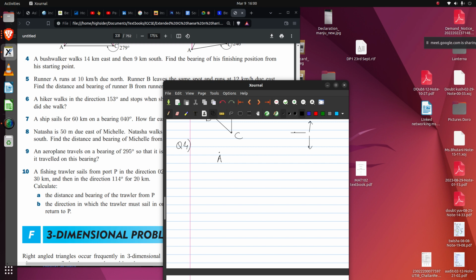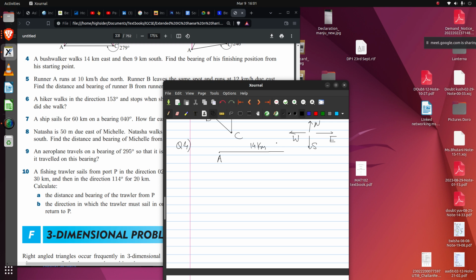Where is east? East is the second line, the one after north. The right hand side. Yes. Which means he should start from walking to the right of A. That's what he should do. And he'll walk for 14 kilometers.